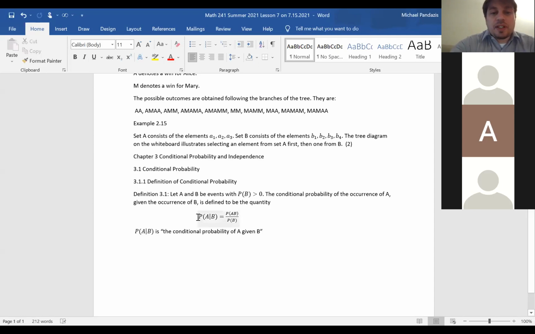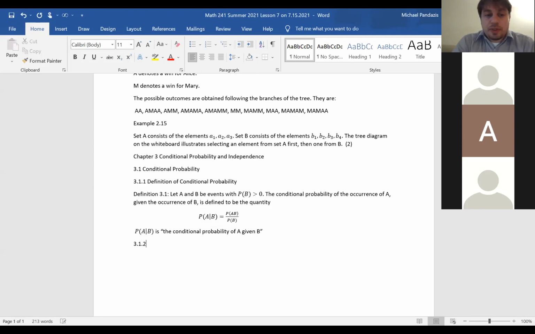It's equal to this because it's the probability of A and B occurring: B happens, but then you want to know that A also happens. So it's the probability of A and B, but divided by the probability of B, because B has to occur. It's given that B occurs, and so you have to divide by the probability of B.